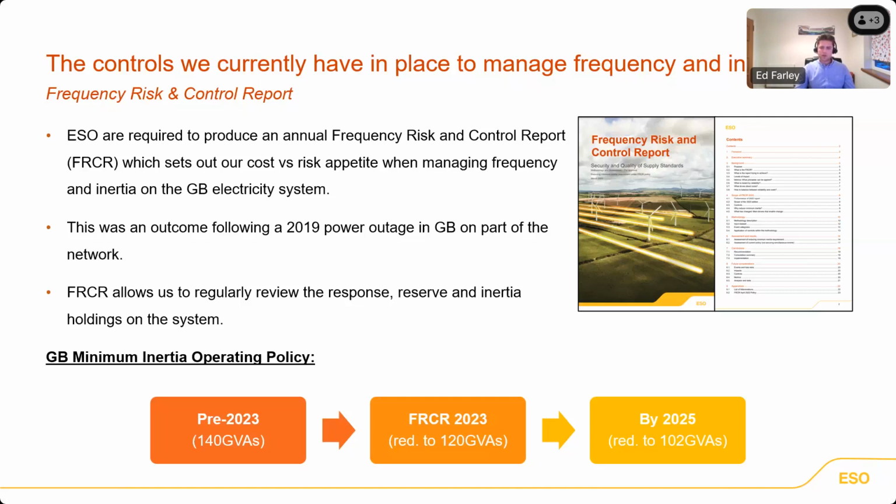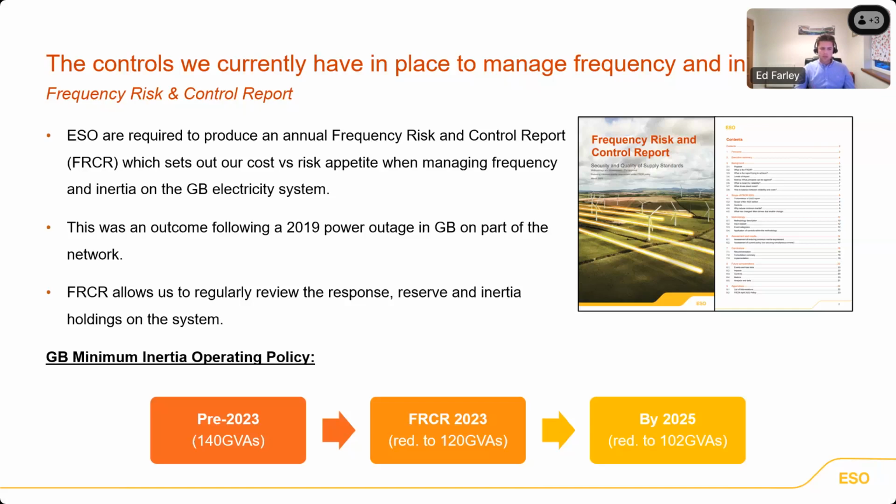and a longer term plan, if deemed safe, secure, cost effective, to reduce that threshold further by 2025 to 102 GVA seconds. So there's a general trajectory and plan to try and reduce that inertia threshold to reduce the cost of how we optimize inertia on the grid without compromising on system security.